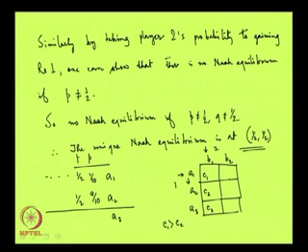All these lotteries, suppose this is P1, this is P2, etc. That lottery will be most preferred by player 1 where the value attached to A1 is the highest, because from A1 he is getting C1, which is higher than C2, which he is getting from A2.